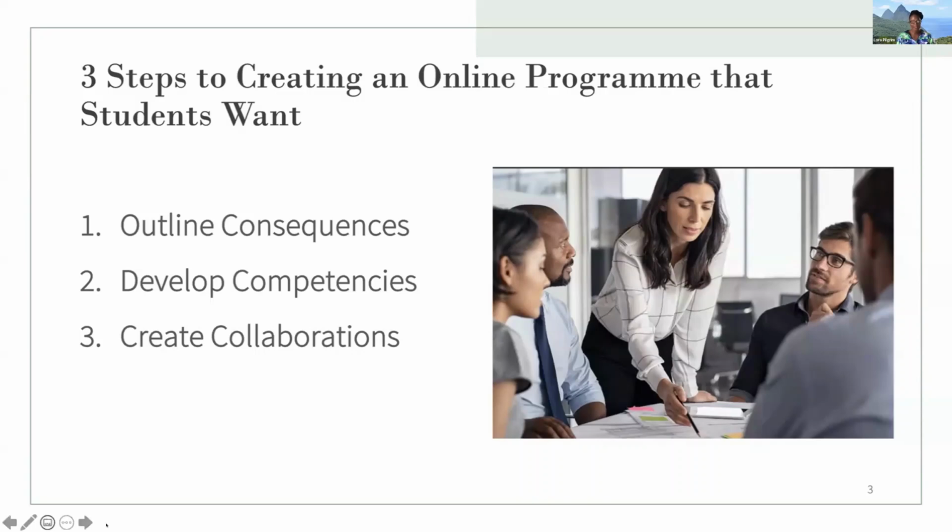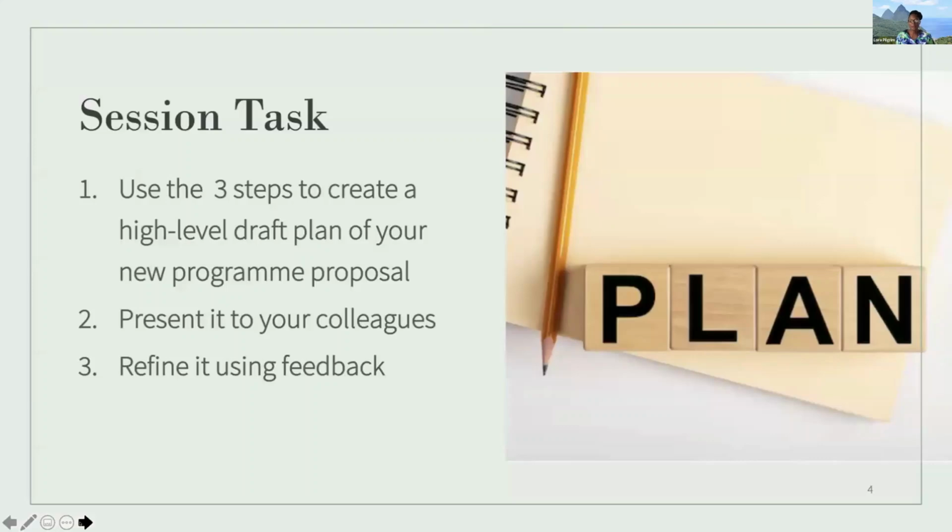Before I get into talking about what each of these are, I want you to understand what your task is going to be at the end of this session. You're going to use these 3 steps as I walk through them to create a high-level draft plan of your new program proposal, or your course proposal if you're doing it on a course level.